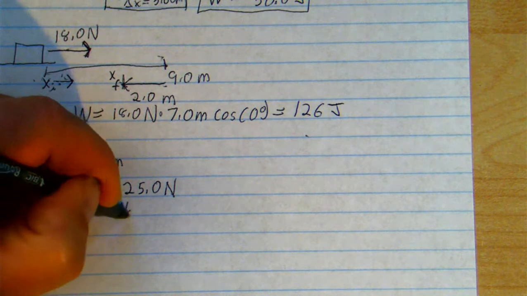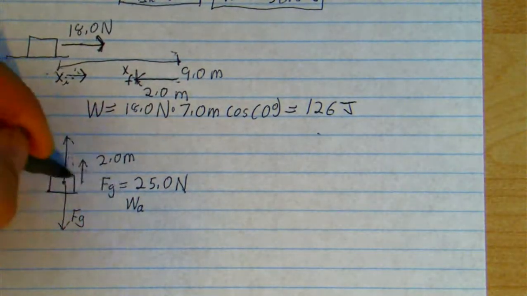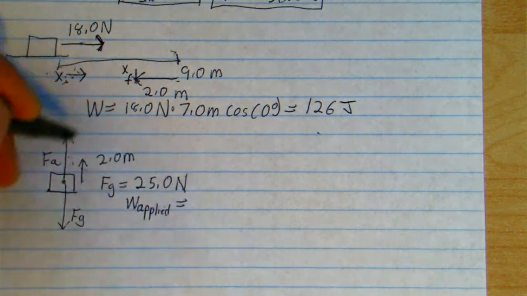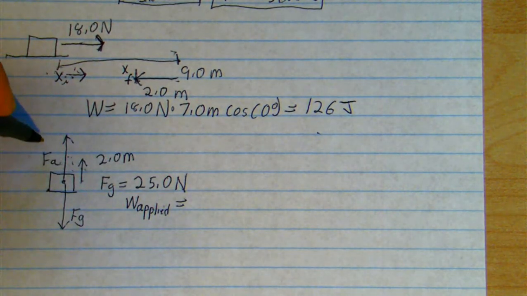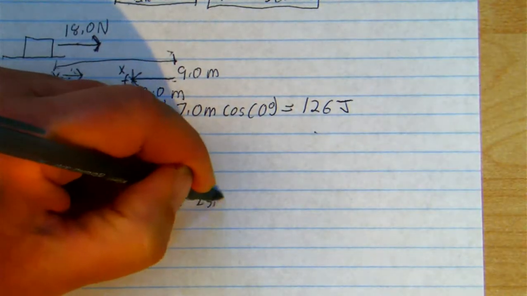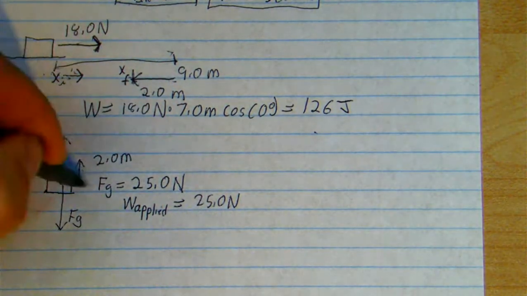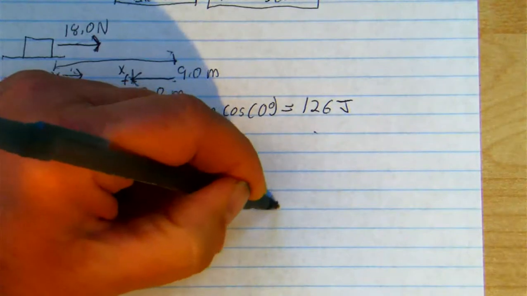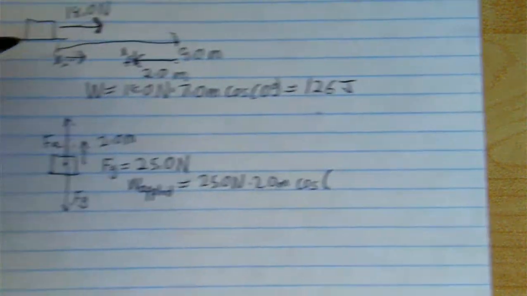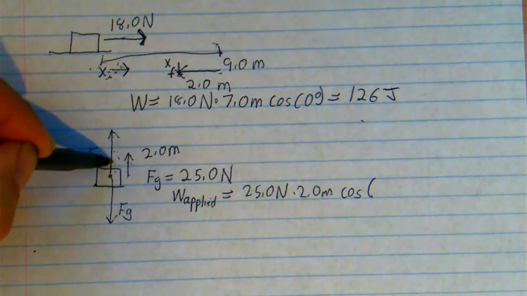So I should specify, what work am I talking about? The applied work, the upward pointing work, is going to be 25 newtons times 2 meters times the cosine of the angle between up and up.